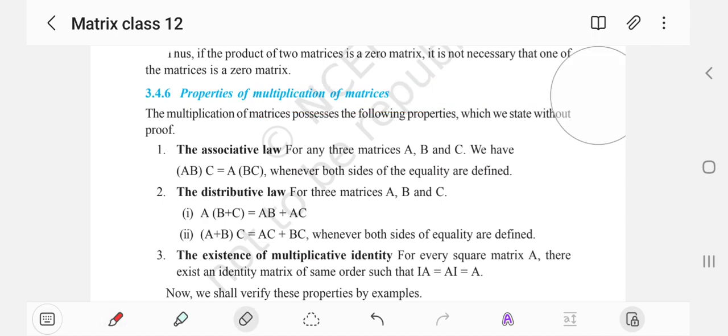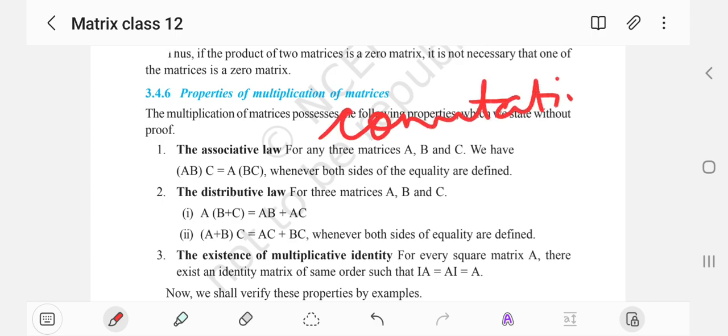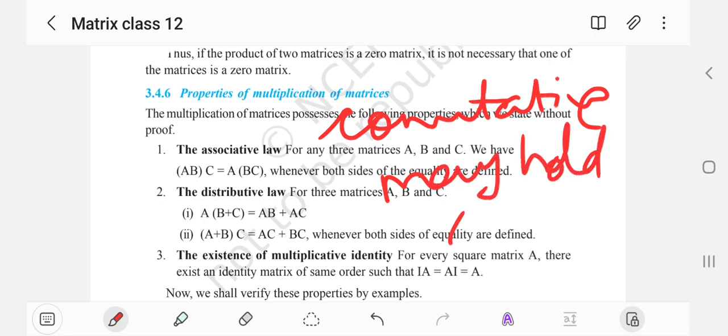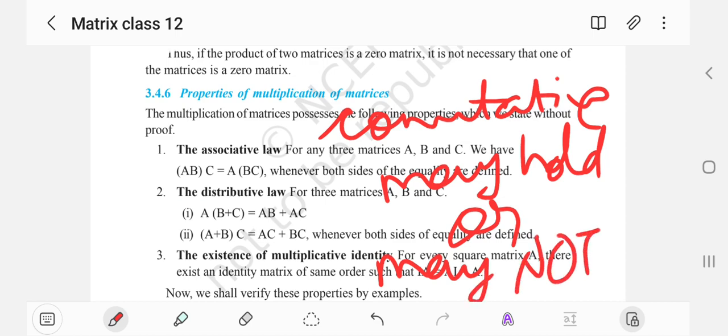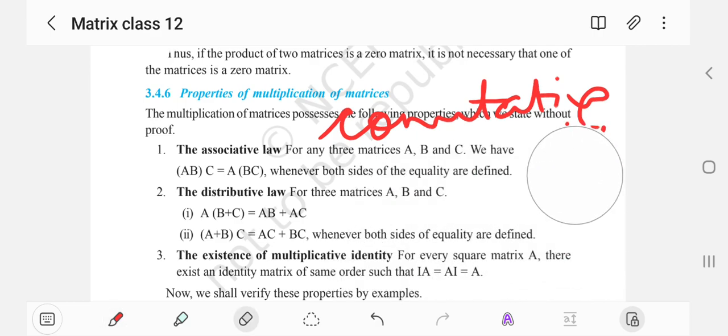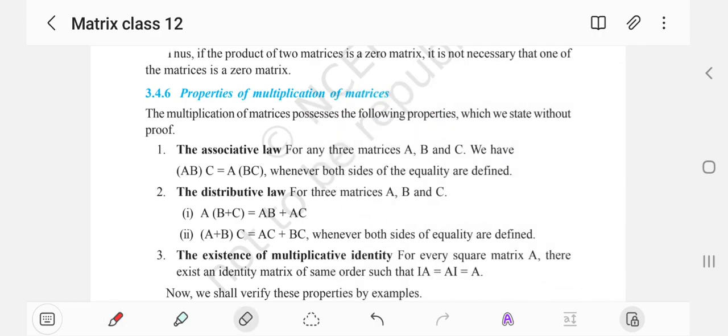You might remember I discussed it in the last class, and I told you that in matrices the property of commutativity may hold or it may not. I have also told you the various scenarios in which the property of commutativity holds and in which it does not hold. If you do not know about this, you can refer to the last video.